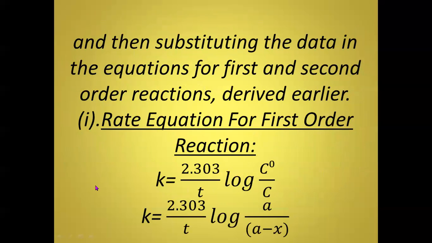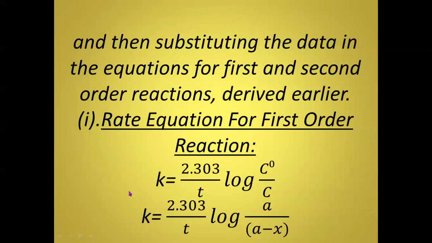So in this way, we will find the concentration at different times, and then substitute the data in the equation of first order and second order, etc., which were derived earlier. Means we will substitute those values for first order, then second order, and so on, so that we know which order the reaction is following.